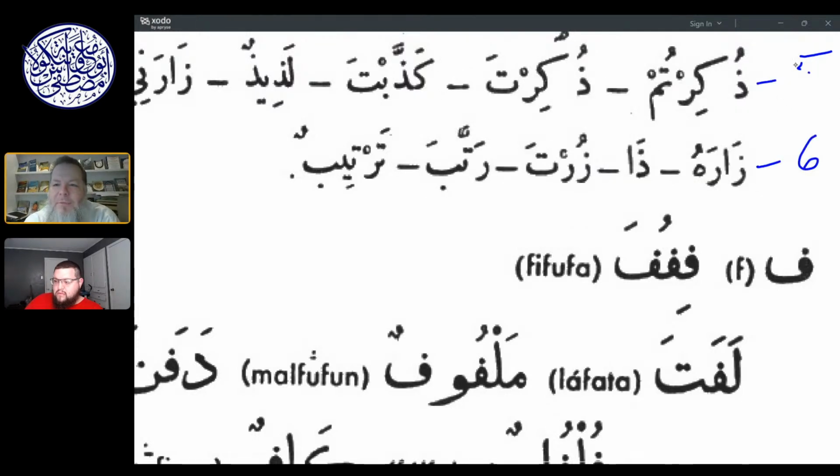For instance, A, B, C, D, E, F, G. How many words can you make out of those letters? Not too many. But if I say M, A, S, T, L, R, now you can start to make more words. Mast, Tam, Sam. You could do it. So this is what he did. So tartib means order.